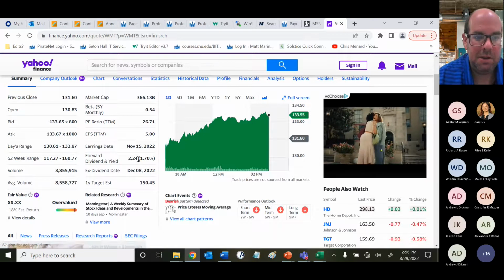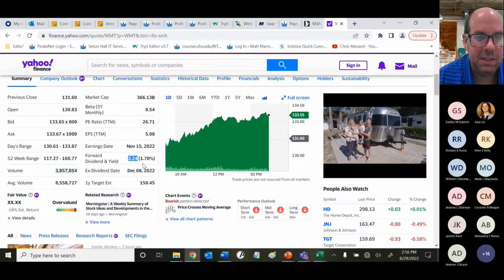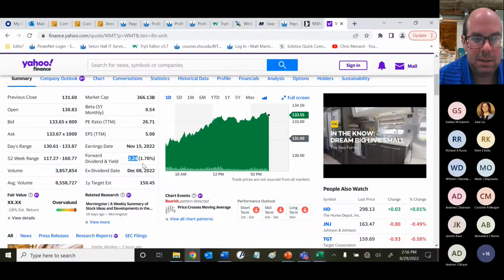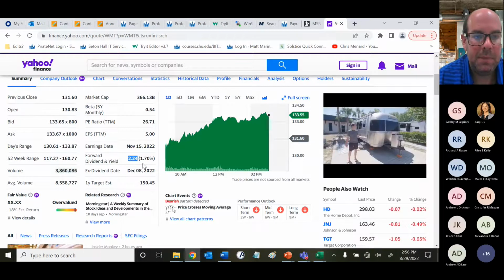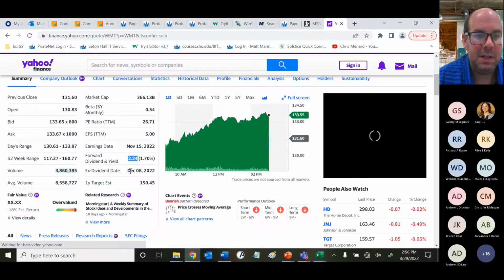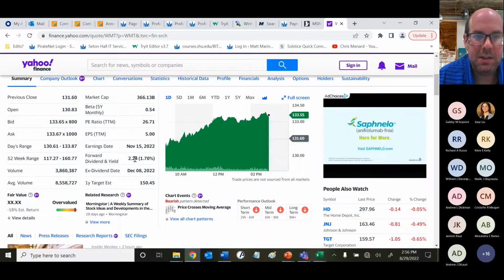Okay, so see this number here for Walmart, 224. So that's $2.24. And then that would be the number that you put in? Right. Okay, perfect. But then you would have to look, like here it says the ex-dividend date is December. So that's the previous one.